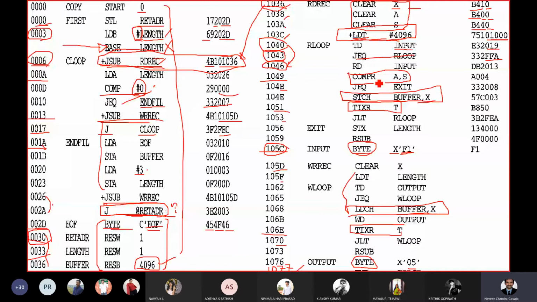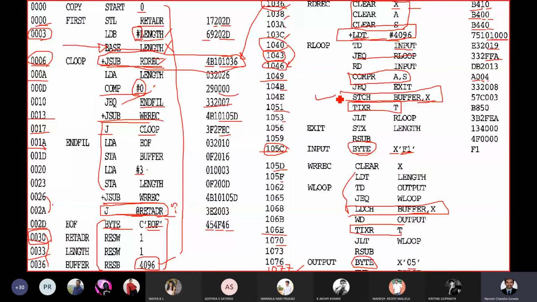Now I'm taking you to a very important step. I repeat, this is a very important step, my dear students. If you remember, I told you for which instructions you set n as 0 and i as 1, for which you set n as 1 and i as 0, and for which instructions you set both n and i as 1.